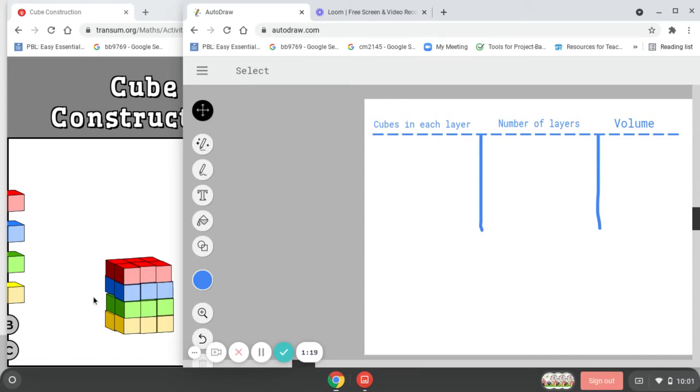We're going to see how building it differently can still give us 24 cubic inches.